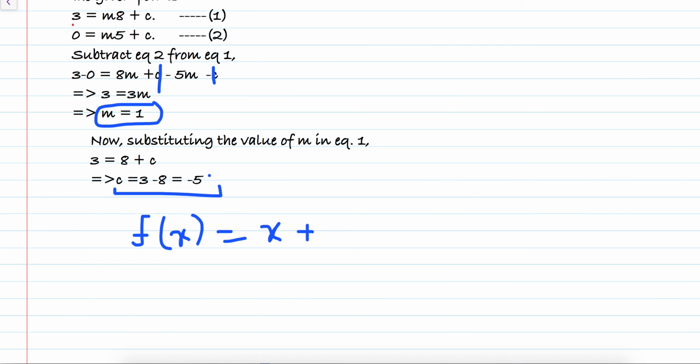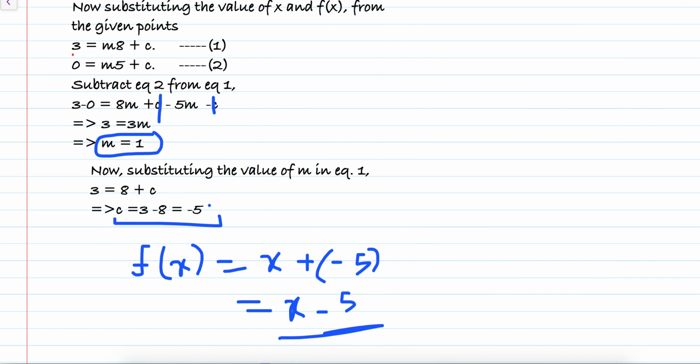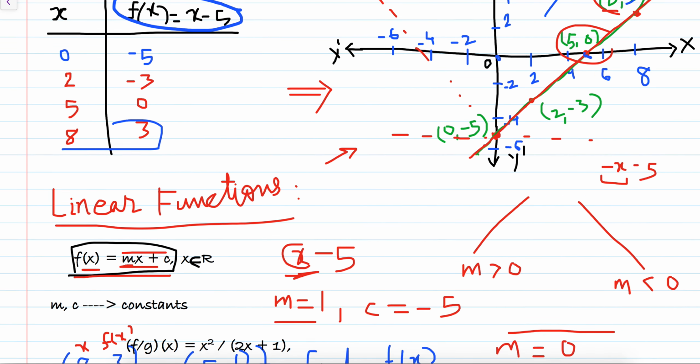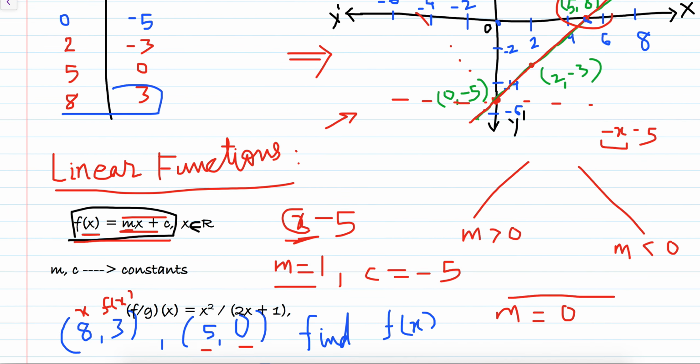So c is minus 5. So we will remove the bracket, x minus 5. So we got the same function that we had taken in the example. So we were plotting the graph of x minus 5. So its plot was like this.